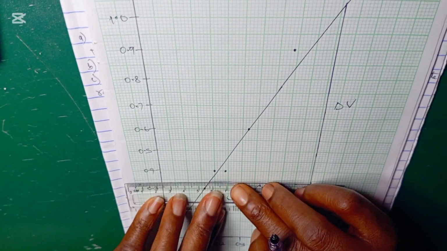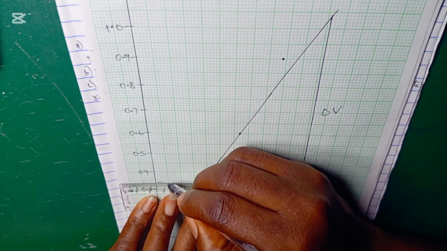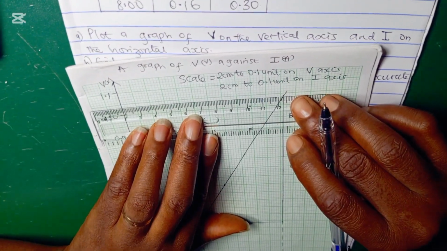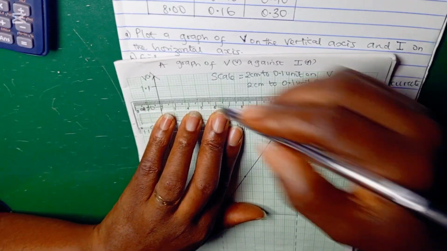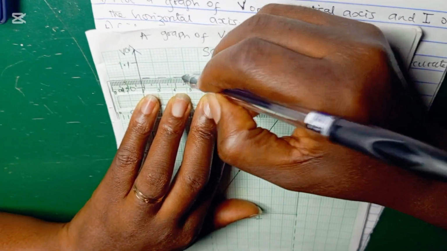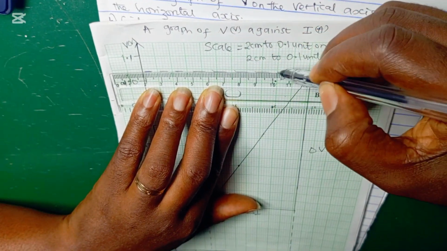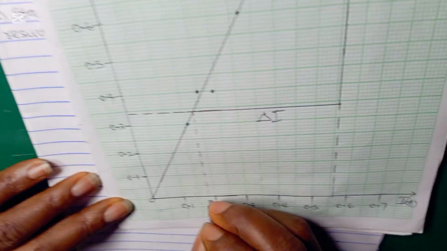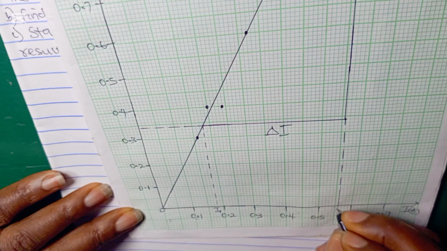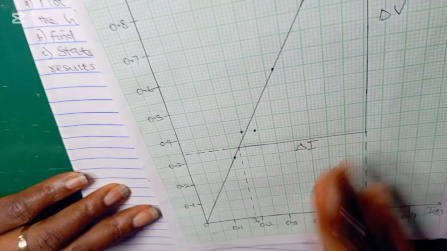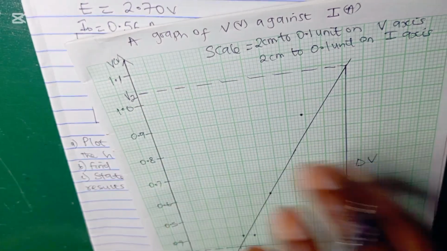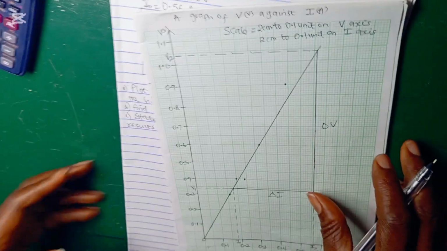Now I can take it here too. Okay. Now come to this side. All right. So this is my I1 and this is my what? I2. While this is my V1 and this is my V2. So we are done with this graph.